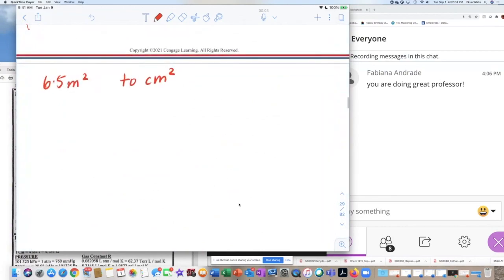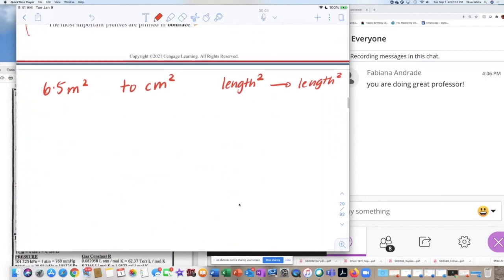Okay. So if you look at meters by itself, meters is a length, right? So what they have us doing here is going from a length squared to a length squared. A length squared is essentially area, right? So from an area to an area. Now, had they said length cubed to length cubed, then we would know we're going from a volume to a volume, because volume is essentially length cubed.